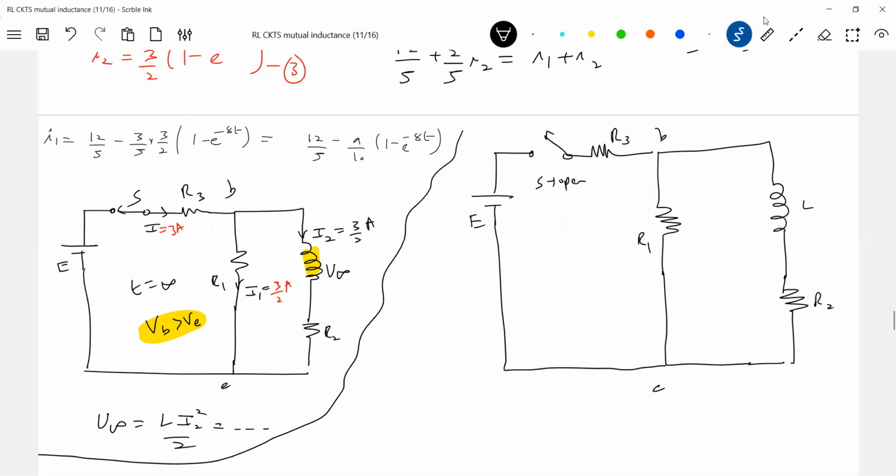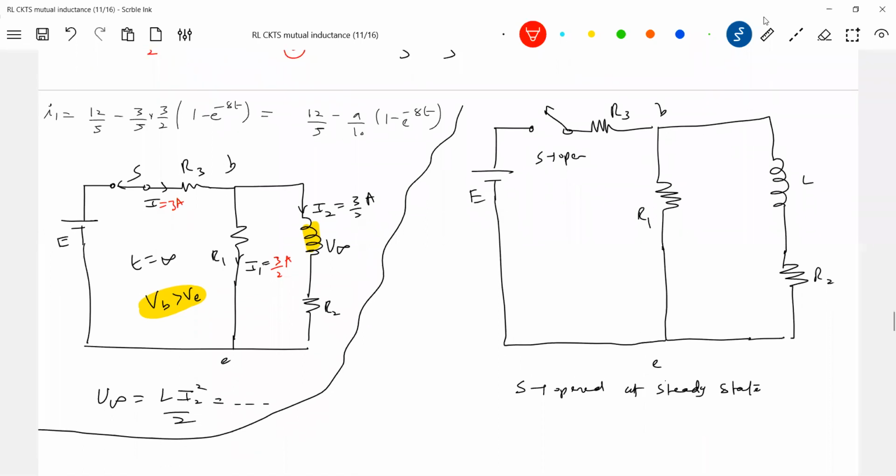How do we get the direction of current in this circuit now? The switch S is opened at steady state. Now, how to predict the direction of current? Can you remember yesterday? Once again, I'll put it because I discussed it at the end. Assume a ring, any direction.